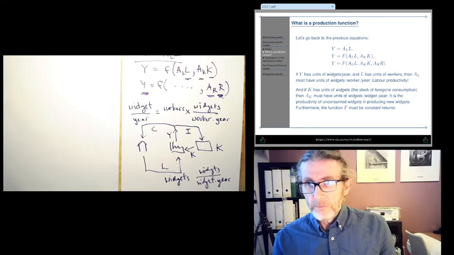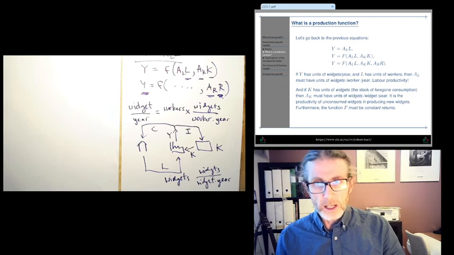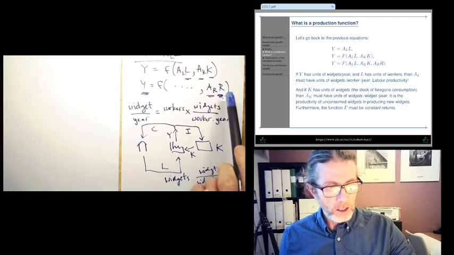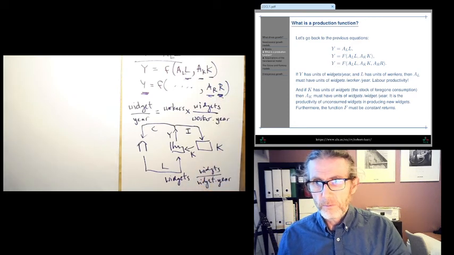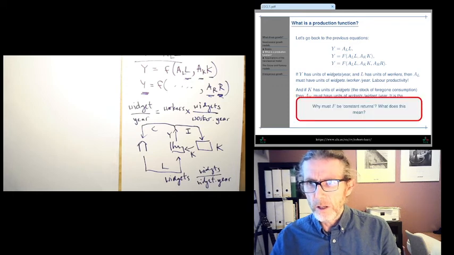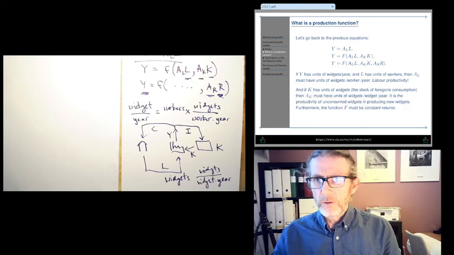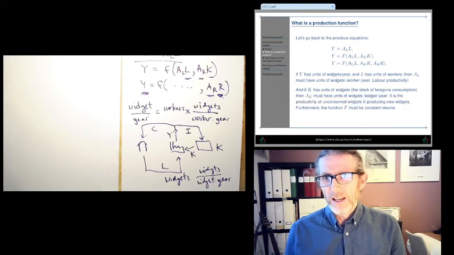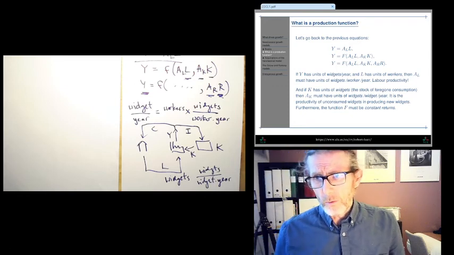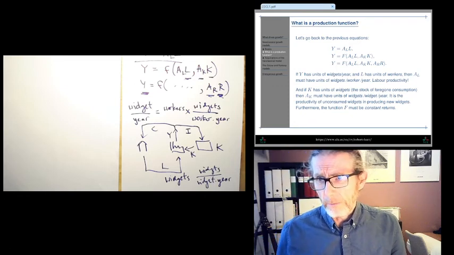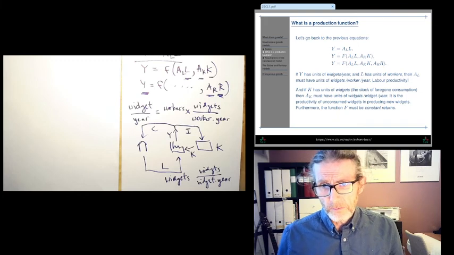We could also look at the other production functions. I'll just follow the notes. We're then told that F must have constant returns to scale.